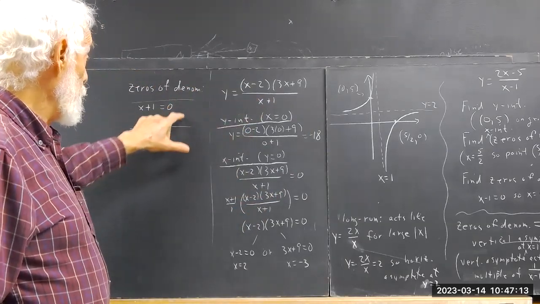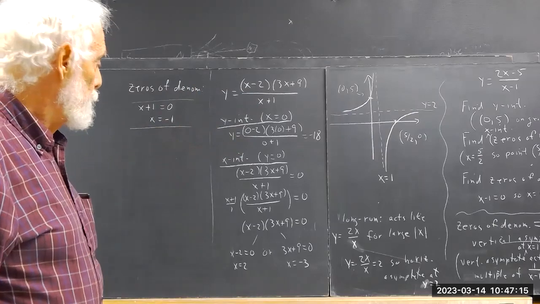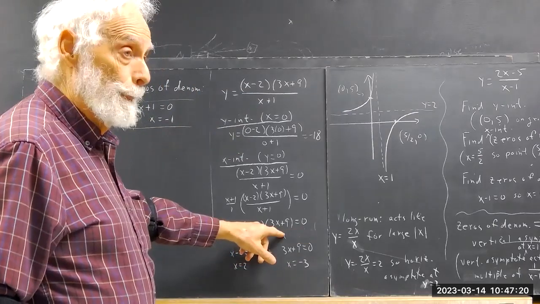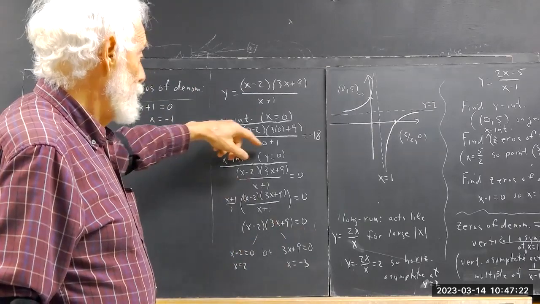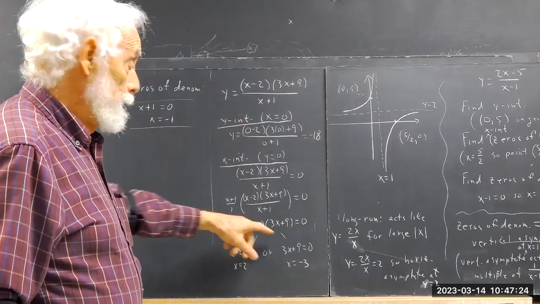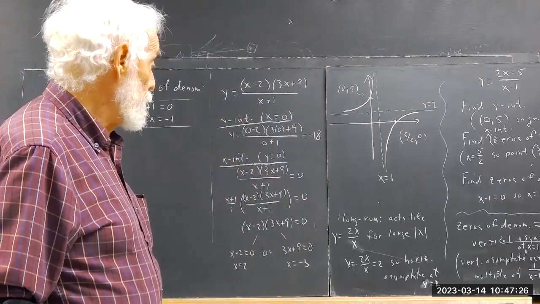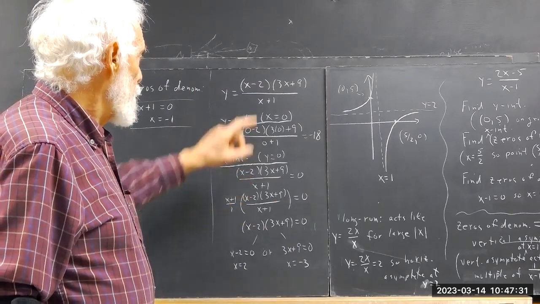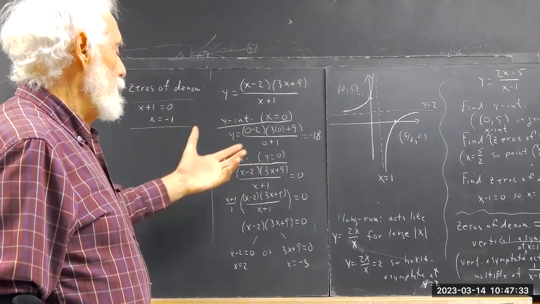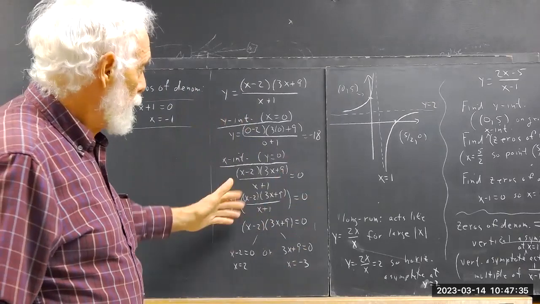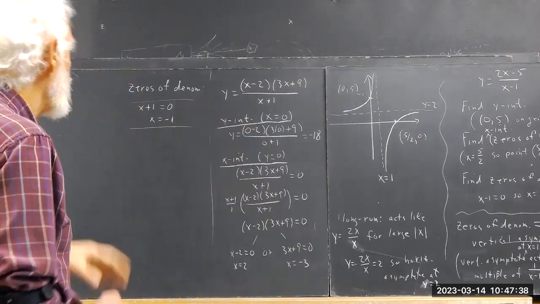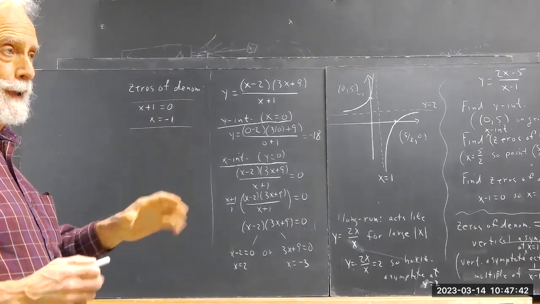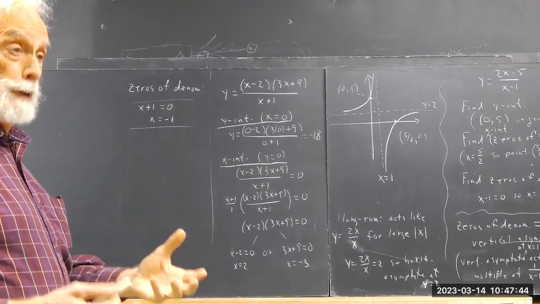You want to write out the equation and solve it. Just like we wrote out the equation for the numerator equals 0. Here, that came out of the y equals 0 idea. And we write out this equation. We don't just look at this expression and say, okay, those are going to be our zeros. Write out the equation. Okay. Write out all the details and get in the habit of writing all the details.